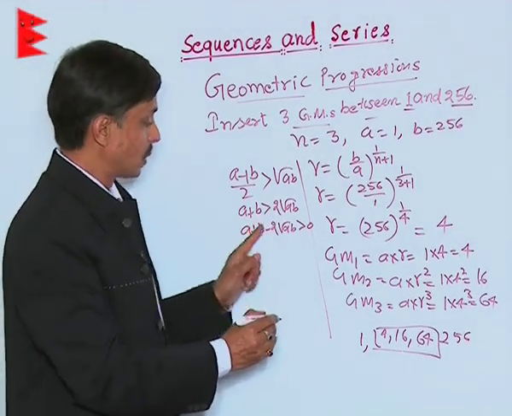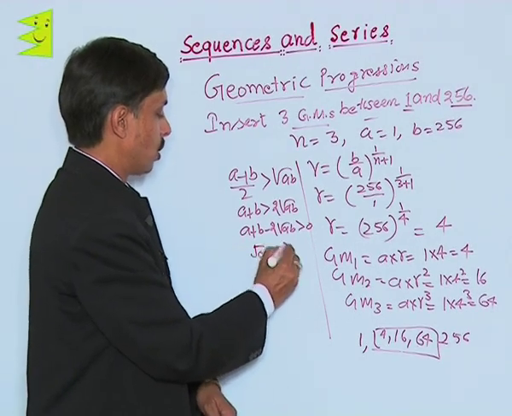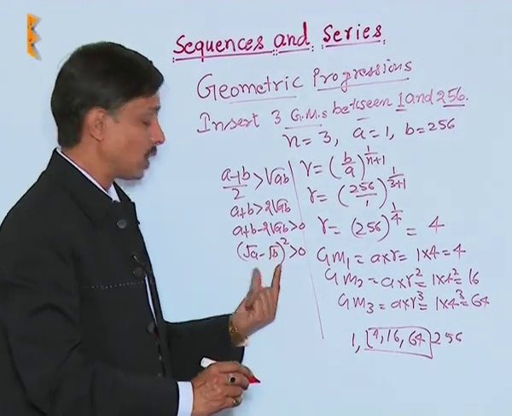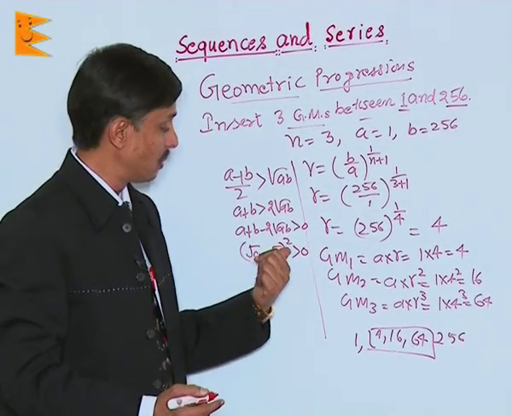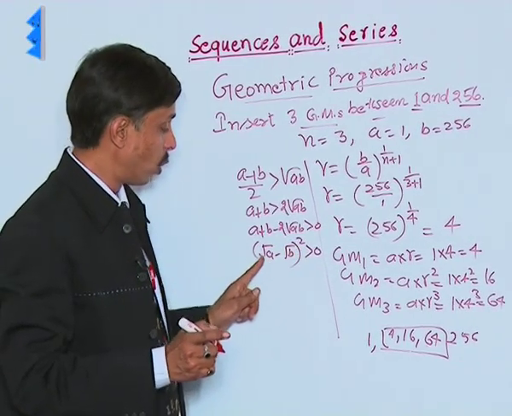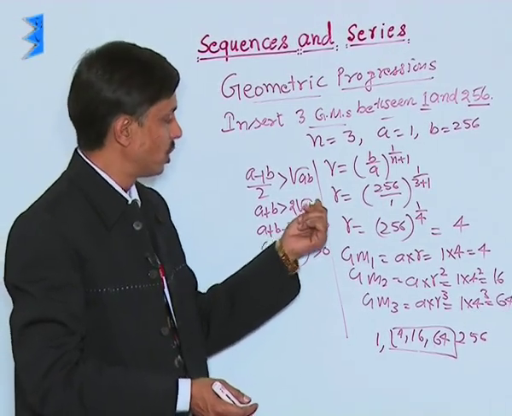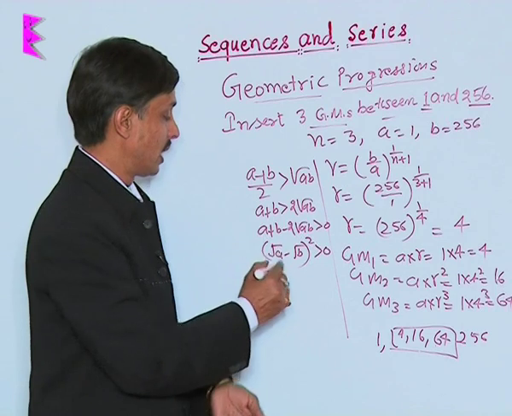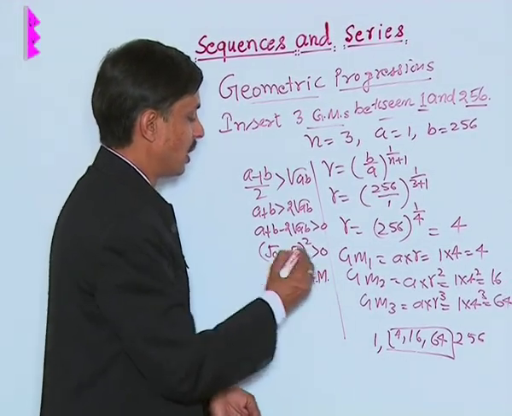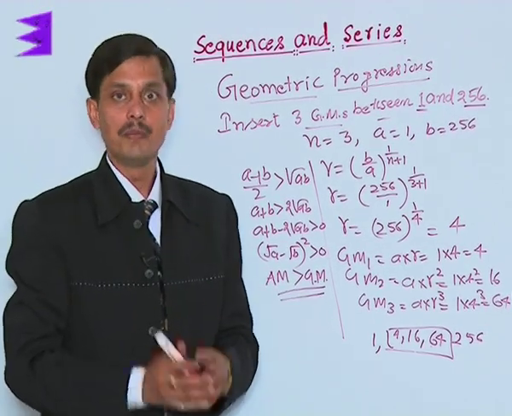This result, a plus b minus 2 root ab, is clearly the whole square of (root a minus root b), and a whole square is always greater than or equal to 0. So this is a true fact. So obviously we can conclude that the AM between two numbers is always greater than the geometric mean between the same numbers.